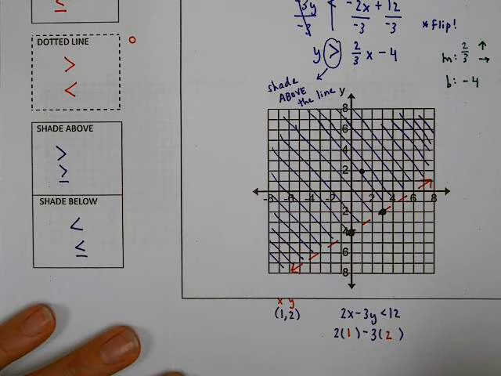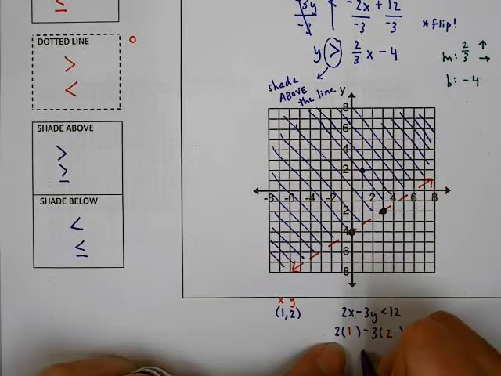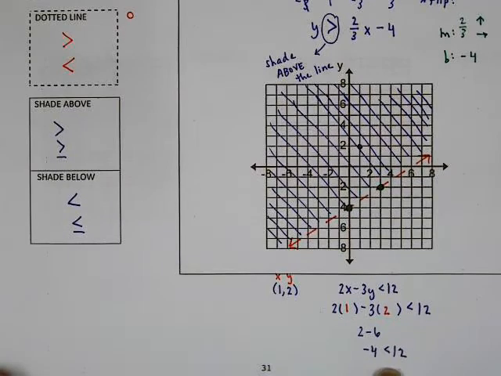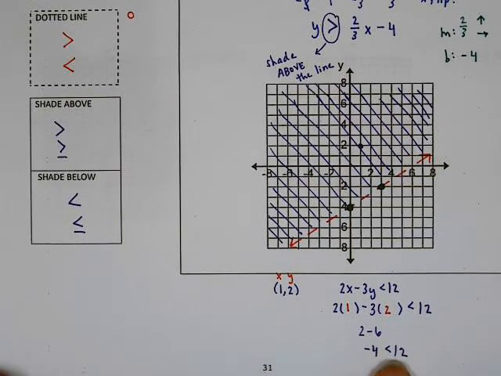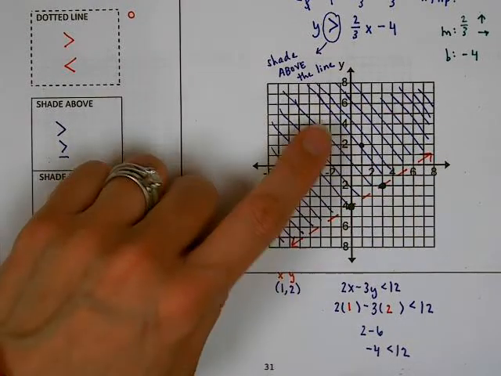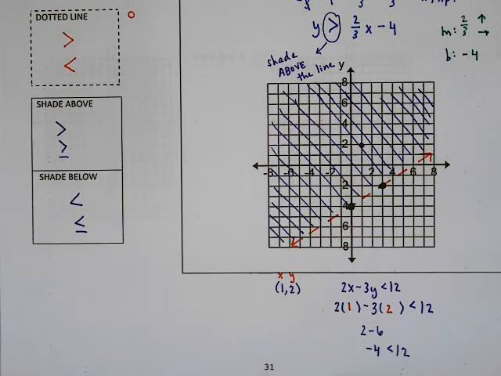That should be less than 12 if I've done this right. So I have 2 minus 6, which is negative 4, which is indeed less than 12. So I know I've done it correct. I know I've shaded in the right spot. So that's what we mean about all these points being solutions. I could plug any of these into my original inequality and get a true statement.